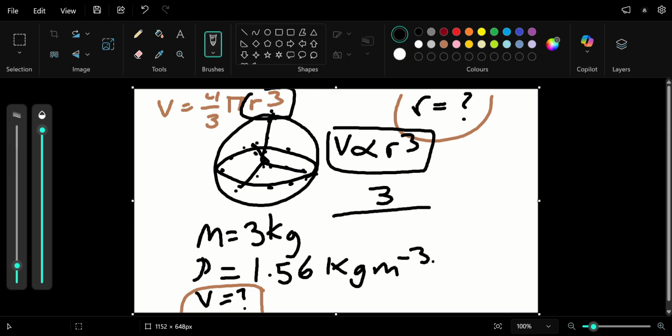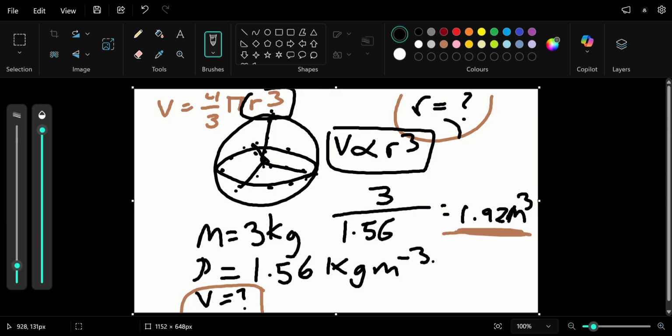Our mass is 3 kilograms and our density was 1.56. This will give us a value of, when we plug it into our calculator, 1.92 meters cubed. So we found our volume.